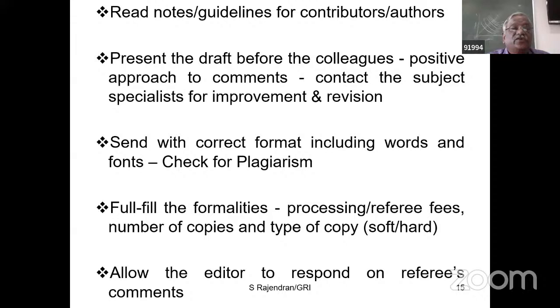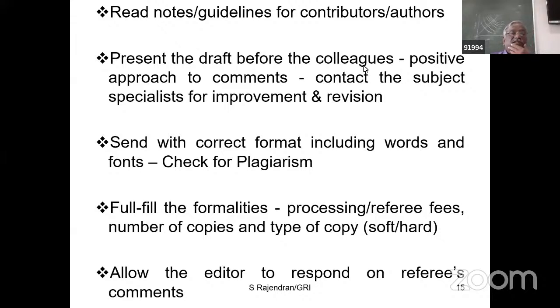And before sending the draft, or before venturing into extracting a research paper, please read the guidelines for authors or contributors in a detailed manner so that you can use the style sheet very effectively. We should not forget that fact.